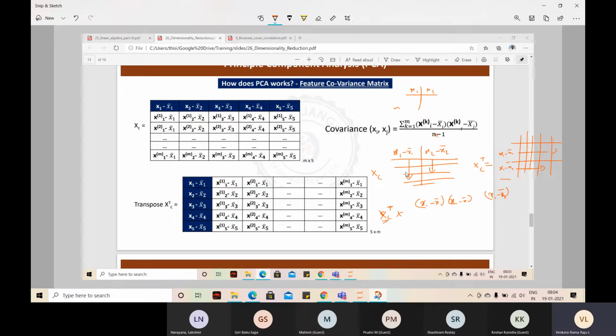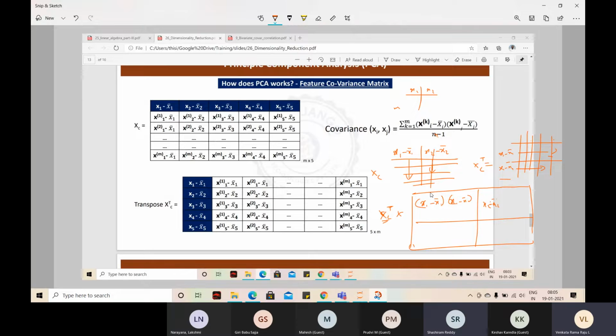I am getting confused. It's X2 minus X2 bar. And this row multiplies this column, it is going to be X2 minus X2 bar.